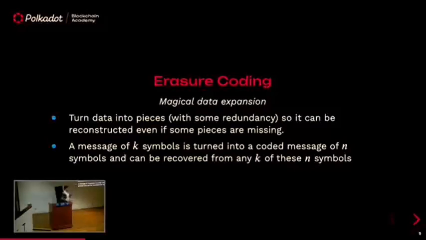We can turn a message of K symbols into a coded message that's longer, of N symbols, but we can recover it from any K of the N symbols. What that means is if I have a message that's 3 long, I could turn it into one that is 5 pieces long, and then any 3 of those 5 pieces can be used to completely reconstruct my original message.